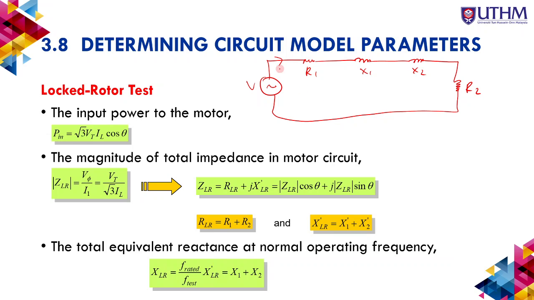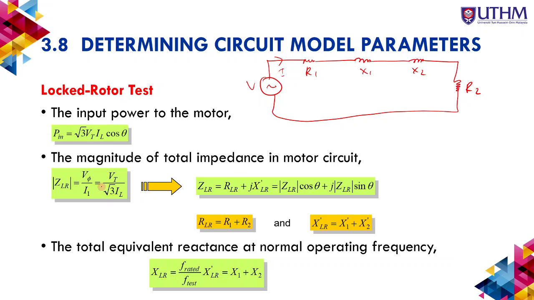So we can directly measure. This is from the voltmeter. The power in, this is from the wattmeter, is equal to the square root of 3 V line times I line cos theta.